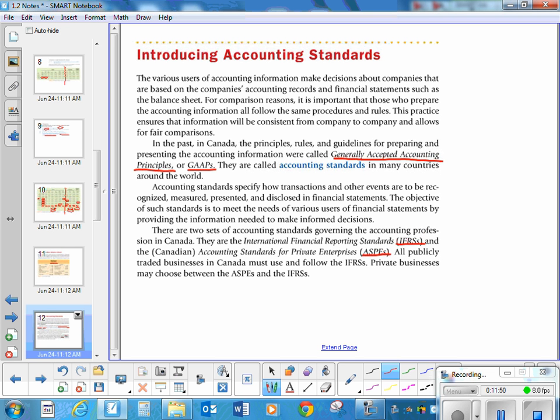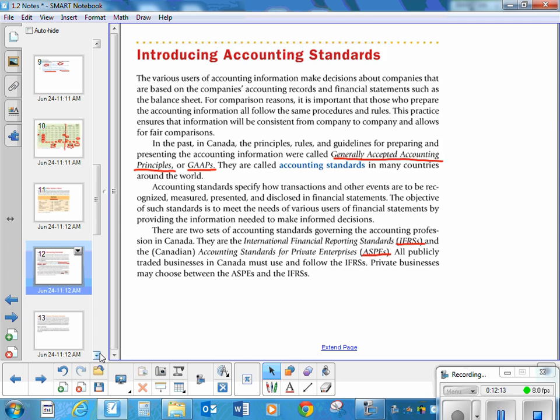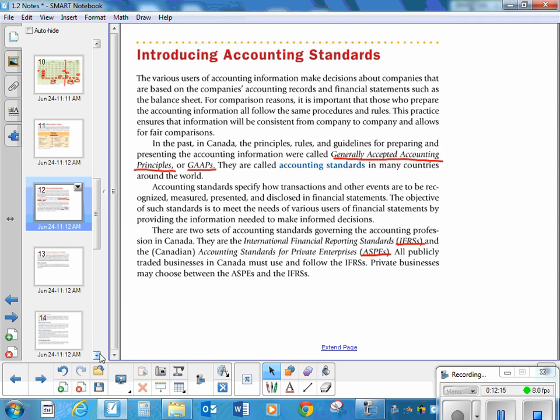Private businesses may choose between the ASPE and the IFRS. So a publicly traded company would be something like Tim Hortons, where you could go into the stock market and you could purchase shares into the company. If you are a private business in a small town or in a city, you can decide which accounting standards you want to follow. The important thing is, though, once you pick one, you have to continue with it.